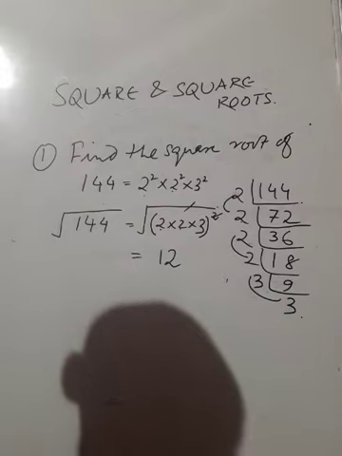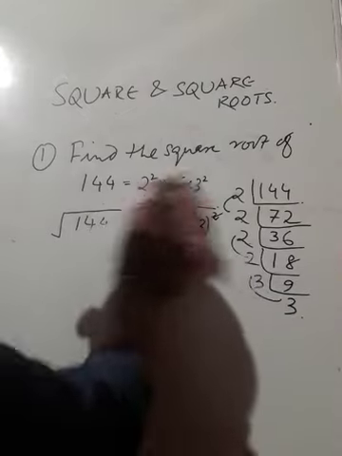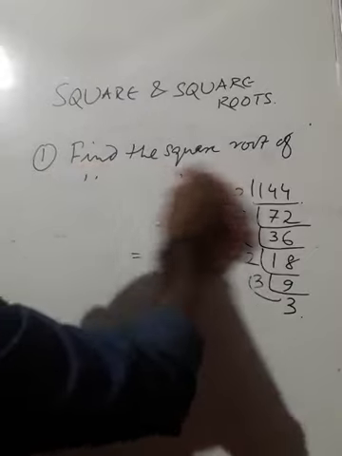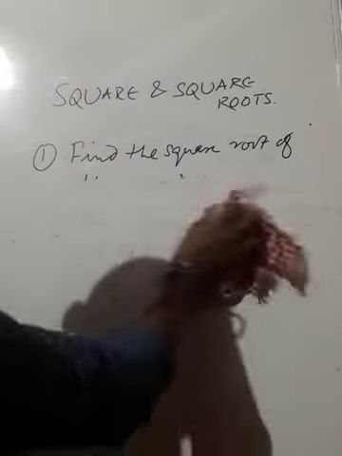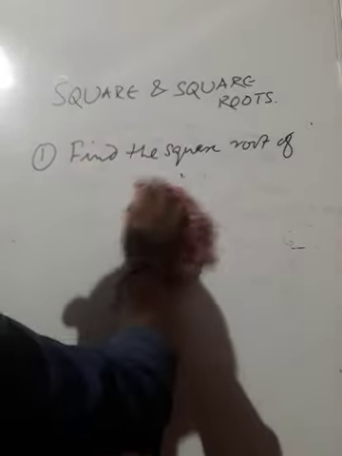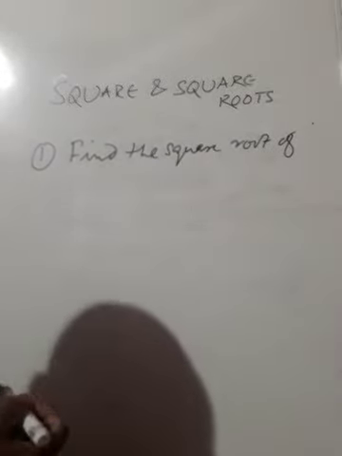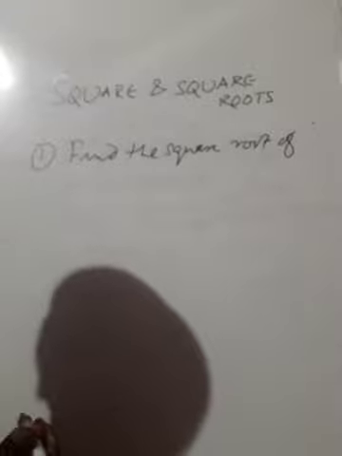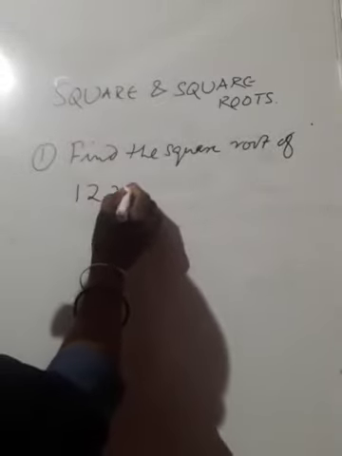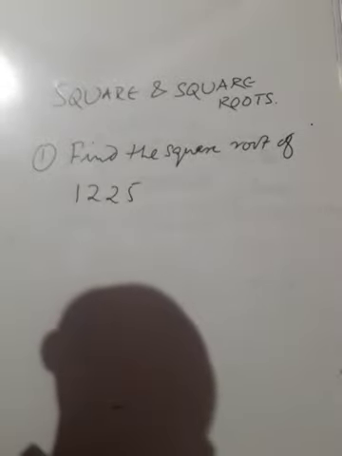Suppose I take another number. 1, 2, 2, 5. Find the square root of 1225.